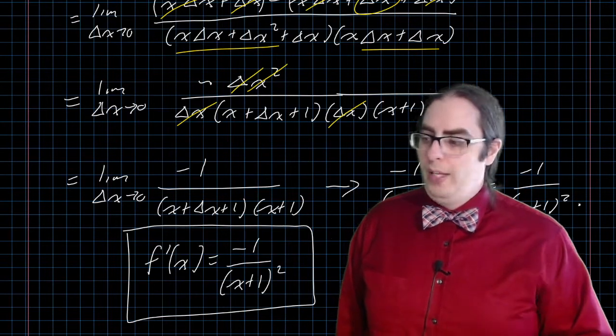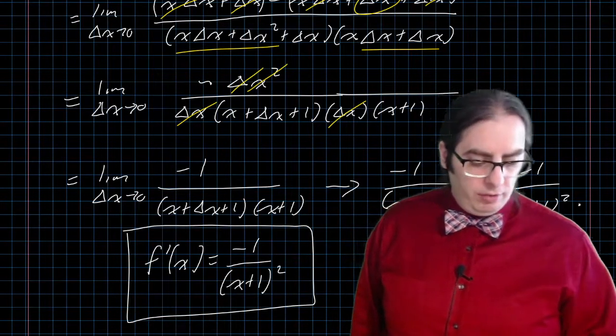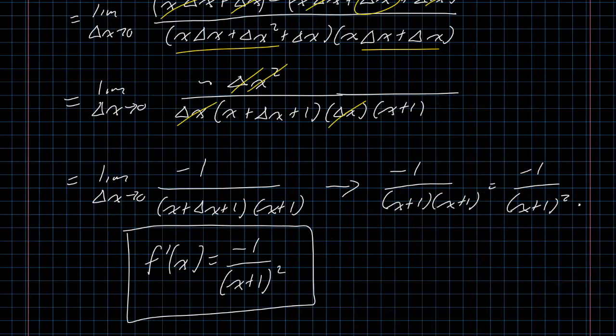So when is this function defined and when is it not defined? It's a rational function, which means it's defined everywhere except when it causes a divide by 0. So it's defined when x plus 1 is not 0, which means that x itself is not -1.